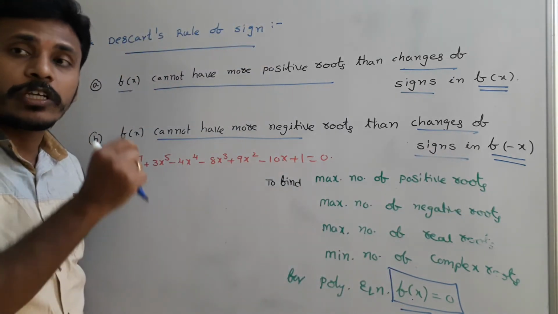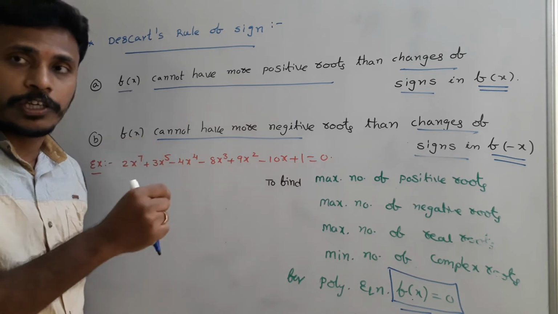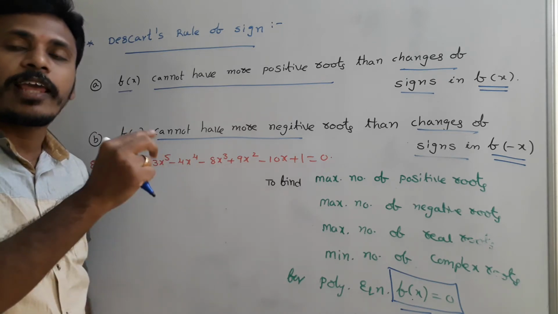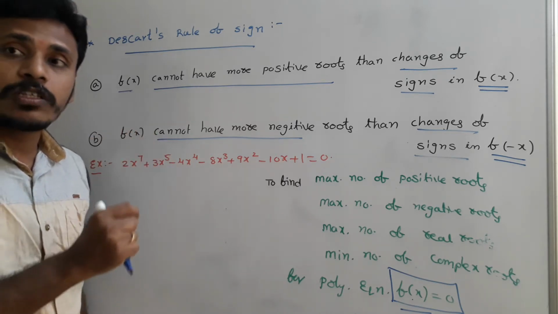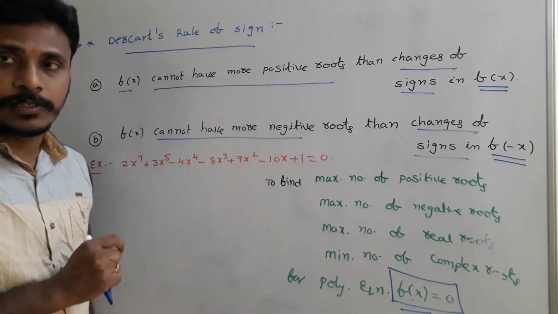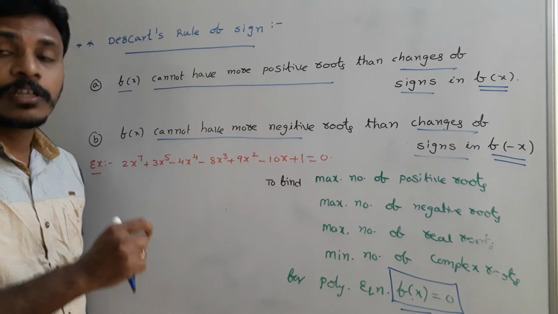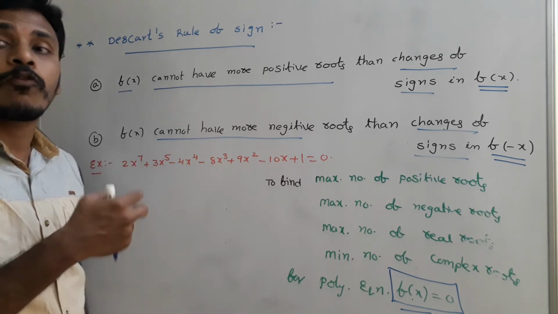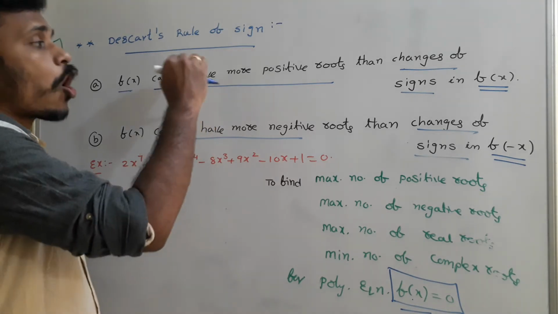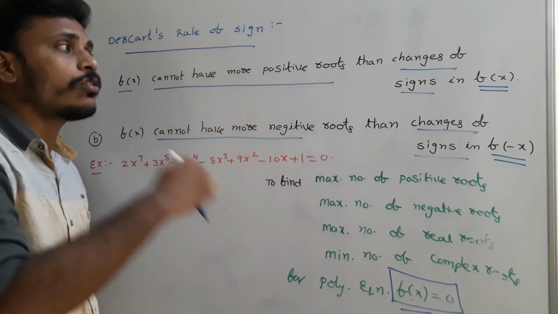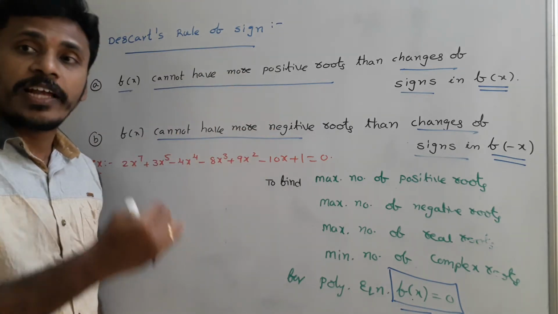Simply you just look at the polynomial f of x and observe the number of sign changes. As the number of sign changes, you will have the maximum number of positive roots. It cannot have more positive roots than the changes of signs in f of x.